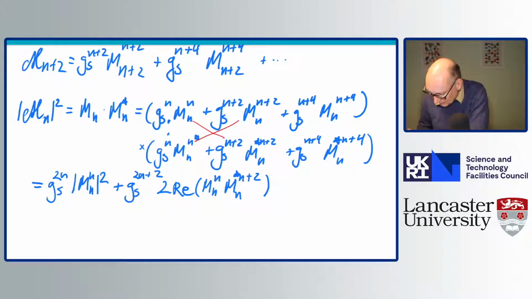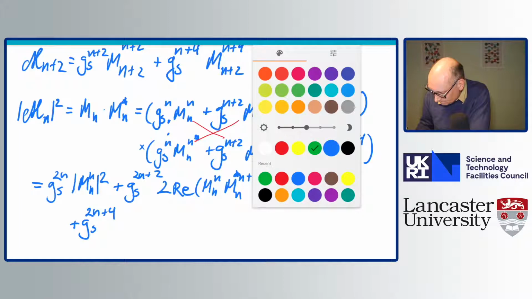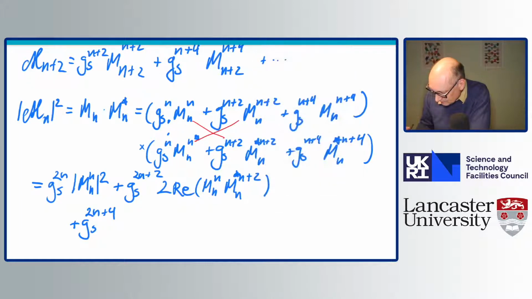And then there will be a g_s^(2n+4), and that will arise from this piece here, that piece, and that piece there.